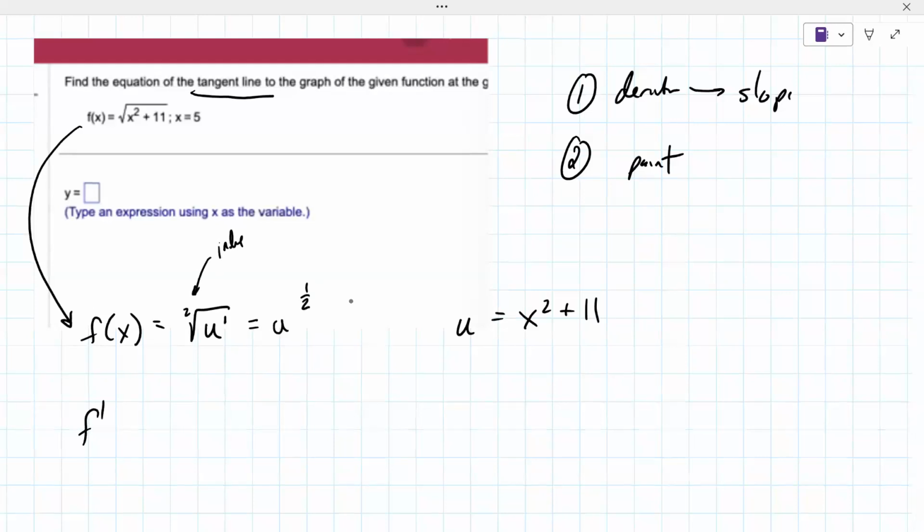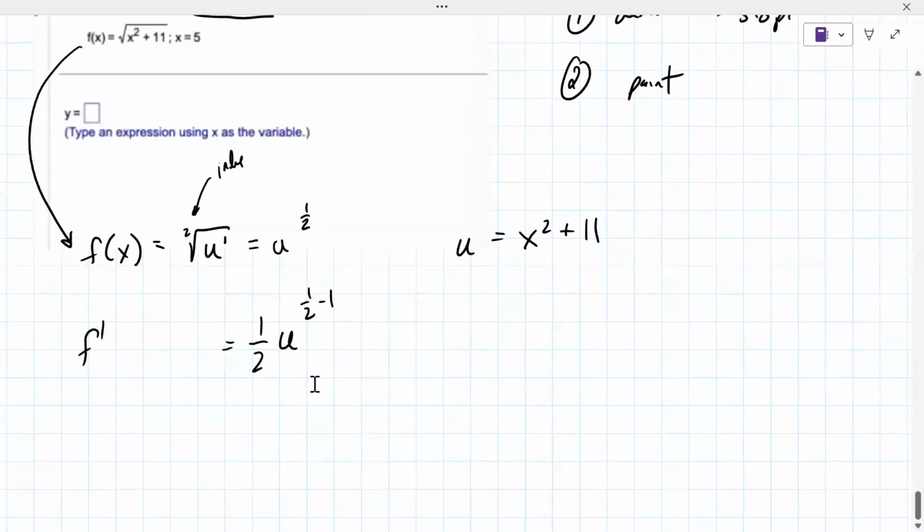So your derivative is 1/2 u to the 1/2 minus 1. This is where a lot of students get stuck. You have to remember how to subtract one. If you've got a calculator, great. Let it do the work. And then you always multiply by what's called the derivative of the inside function. That's the chain rule part.